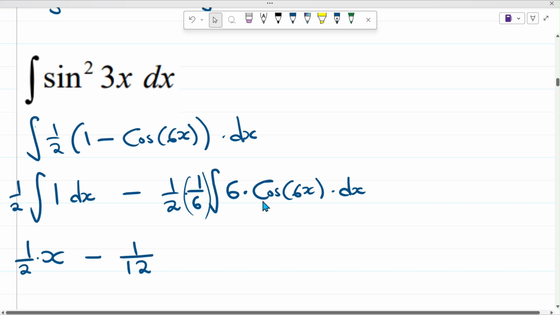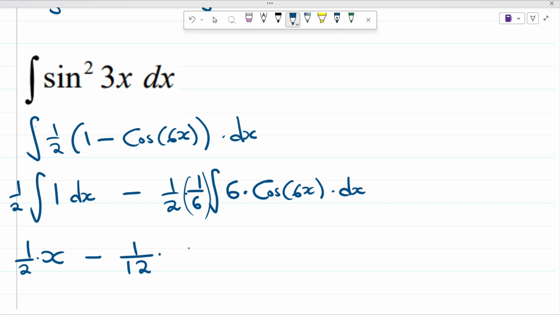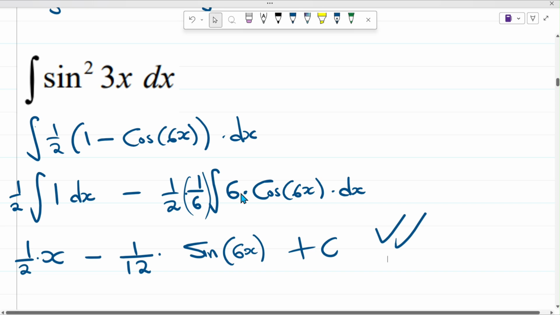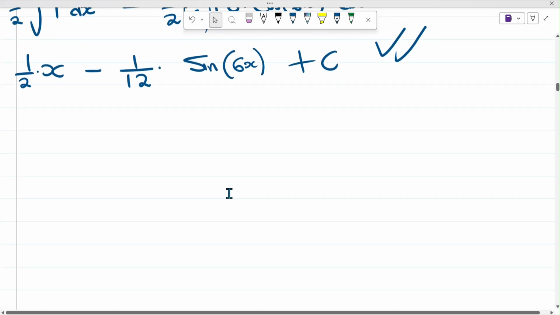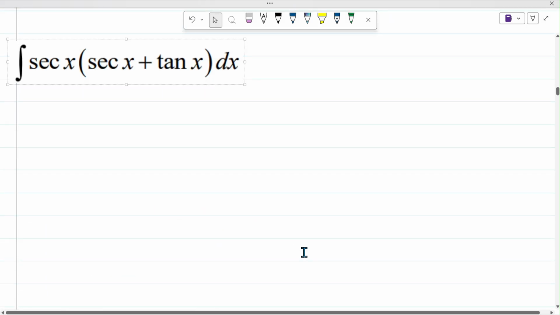Then the answer for this integral becomes positive sine of 6x plus c. Ta-da! You have your answer. Makes sense, right? Anyway, let's quickly continue.